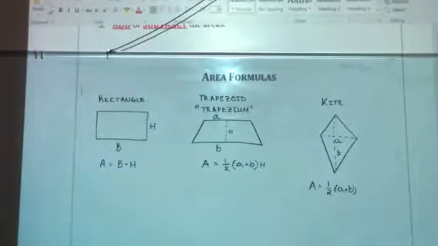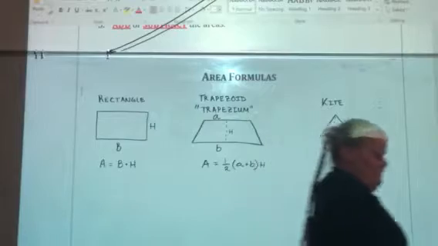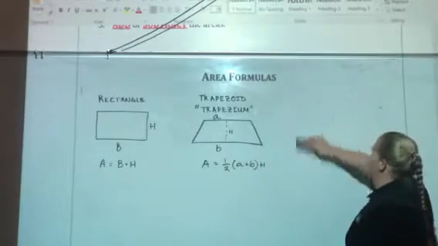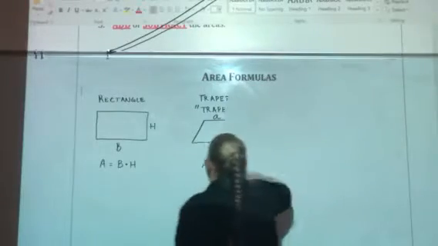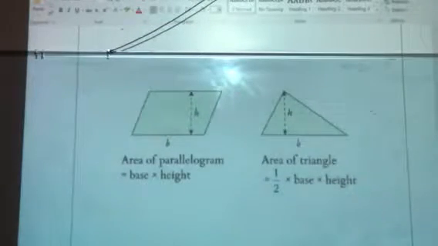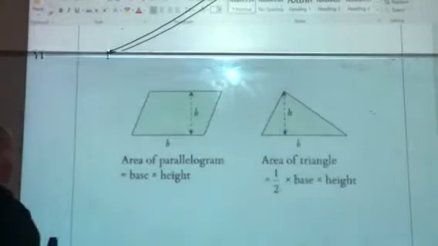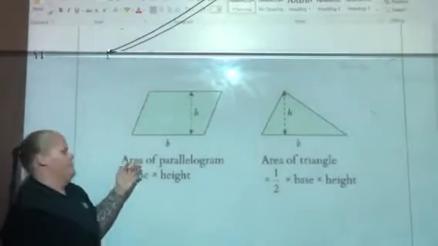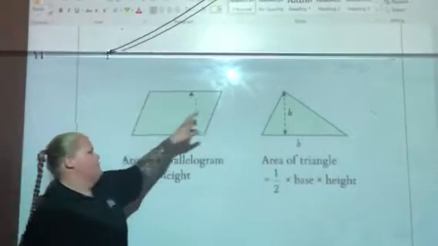We do have two more shapes to look at. It's going to be a parallelogram and a triangle. So a parallelogram is where the sides across from one another are parallel to each other. So these sides are parallel and these sides are parallel.